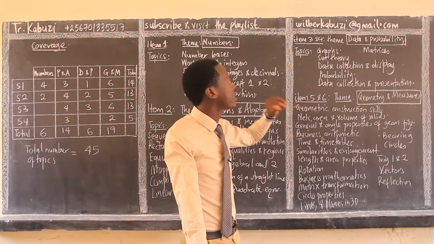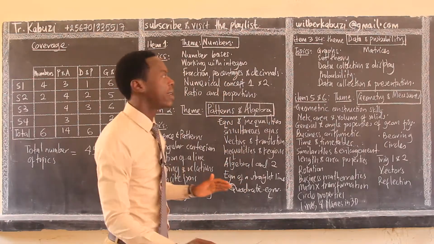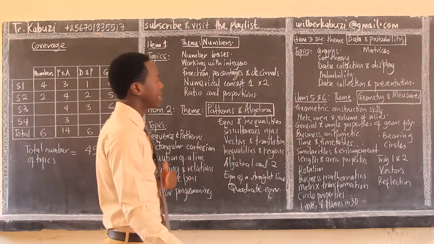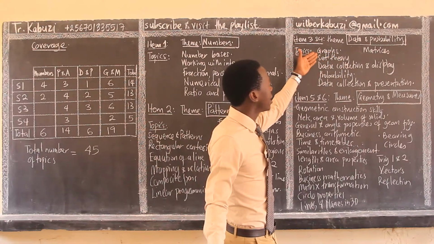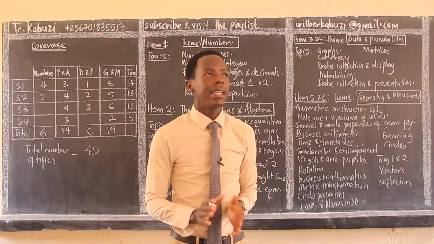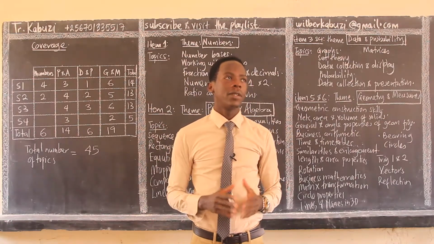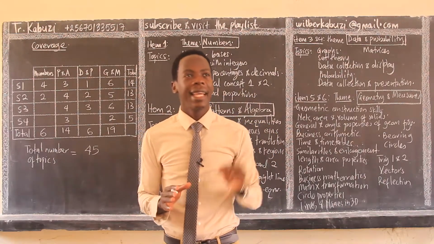Data and probability has 6 topics. They are very short and brief, as you can see there. You can set a question when it's combined with probability to set that item. The difference between items and the activities of integration is that the activity of integration handles just that topic.